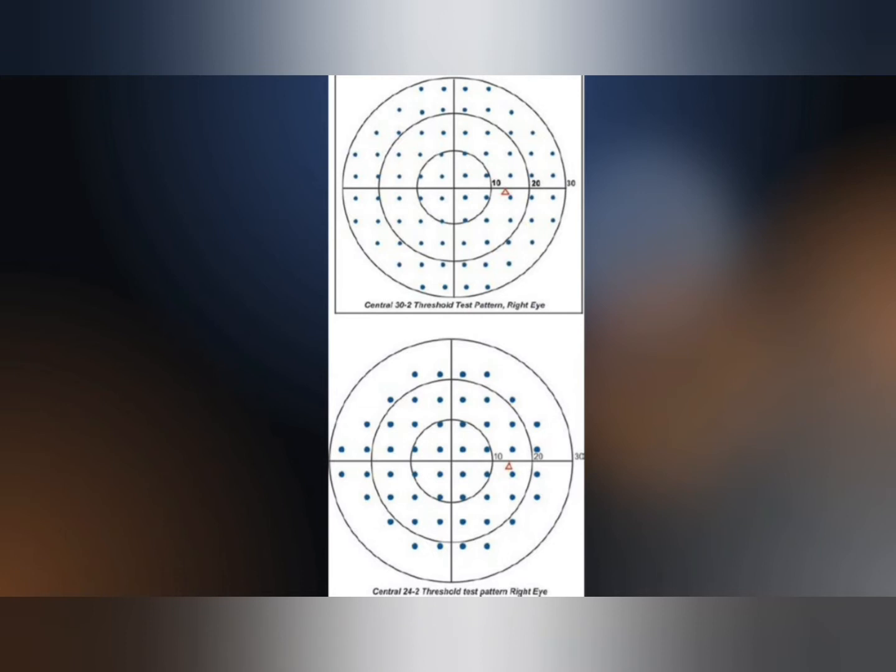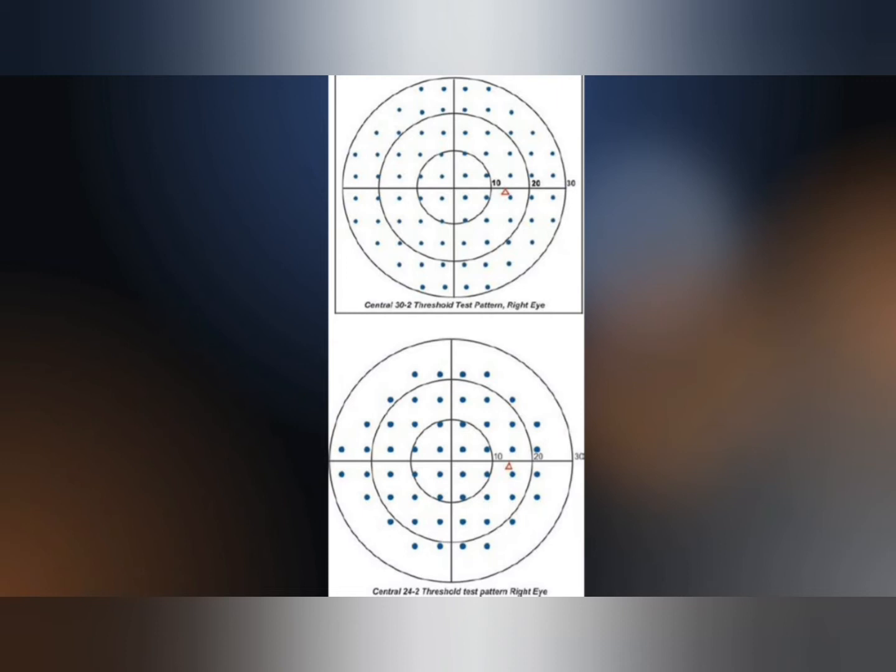These 24-2 patterns are mostly used for glaucoma diagnosis, where we see the glaucomatous field defect mostly in the arcuate area and also the nasal step. That's why the point pattern is like that. This is the 24-2, but actually the points are situated up to 27 degrees, but as most points are situated at 24 degrees, it is called 24-2.